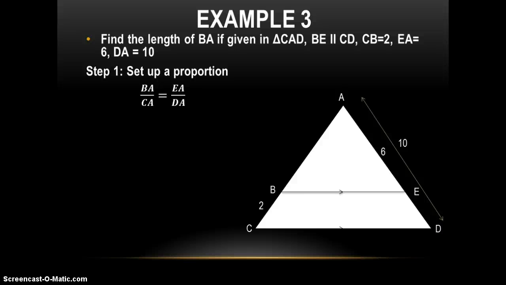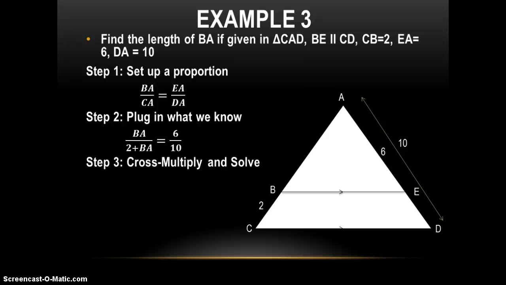So the proportion that I set up is BA over CA equals EA over DA. So now we want to plug in what we know. So BA is what we're looking for, and then CA would equal 2 plus BA, equals 6, which is EA, over 10, which is DA.